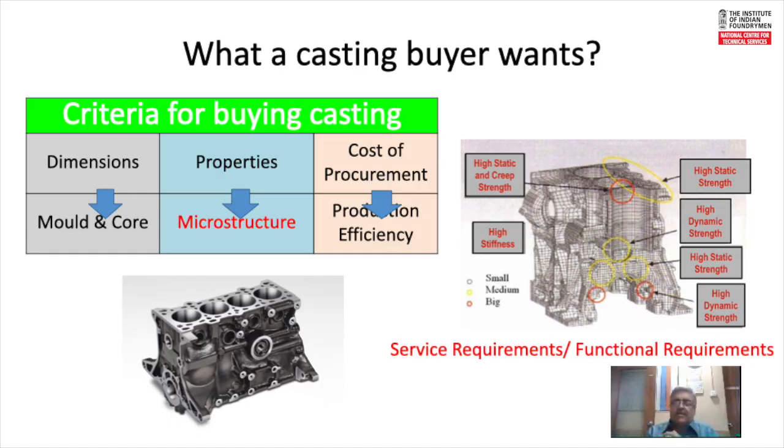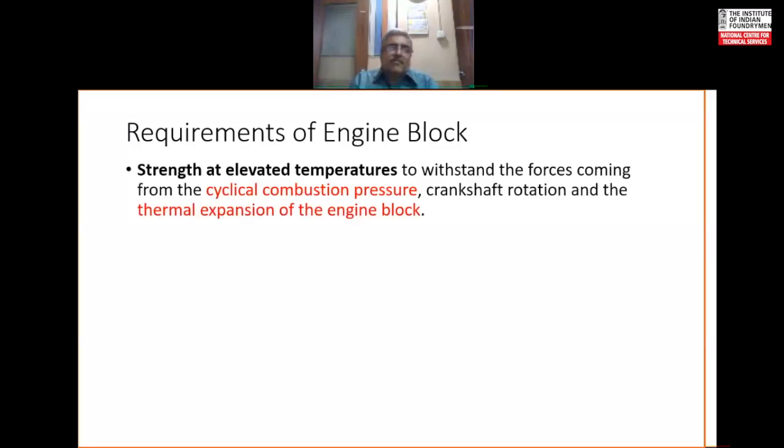In various parts of an internal combustion engine block, you would need strength at room temperatures, strength at high temperatures, static strength, and also dynamic strength, because an engine block has to withstand the stresses which come from cyclical combustion pressure. Then there is a crankshaft rotating in the engine block, so the thermal expansion of the engine block has to be accommodated.